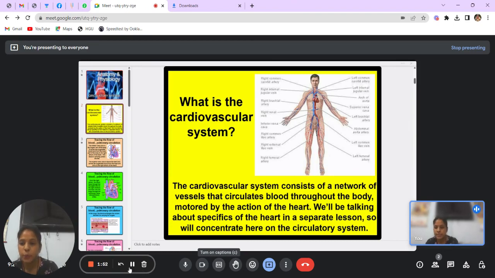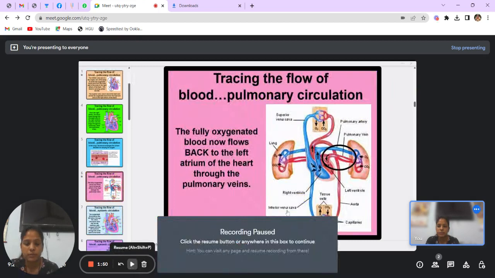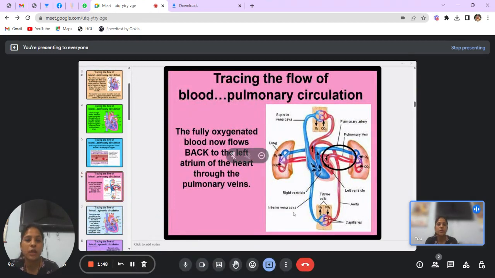So I will show you the next slide, which is of the lungs. Here the carbon dioxide containing blood from the right ventricle of the heart is carried to the lungs. There the exchange of gases takes place. The carbon dioxide is replaced with oxygen, and now this oxygen rich blood flows from the lungs to the left atrium, and the left atrium pumps the blood to the left ventricle via the opening of the mitral valve.